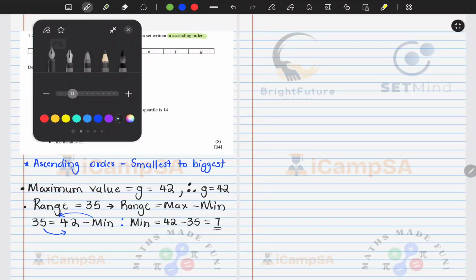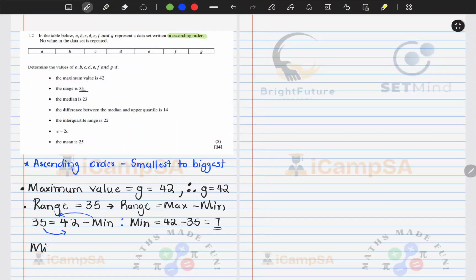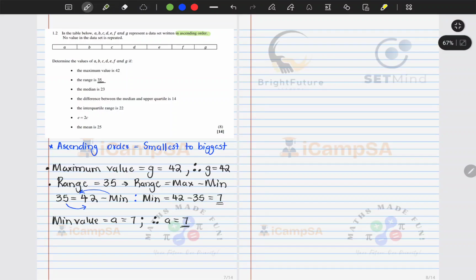But when we look at our diagram, you will see that the minimum value is A. So our minimum value will be equal to A. And we just found that the minimum value is 7. So therefore, the value of A becomes 7. Okay, very easy.